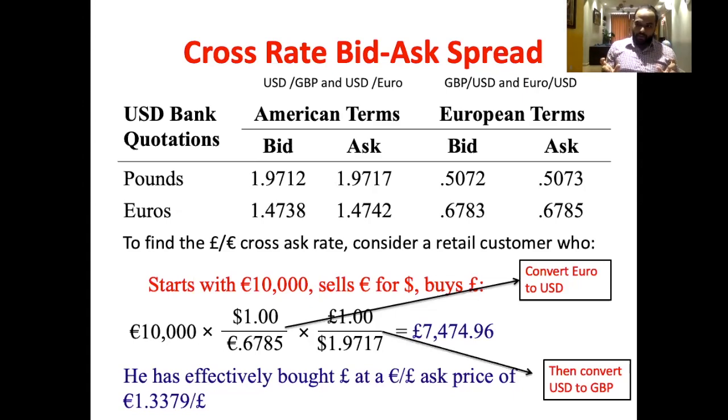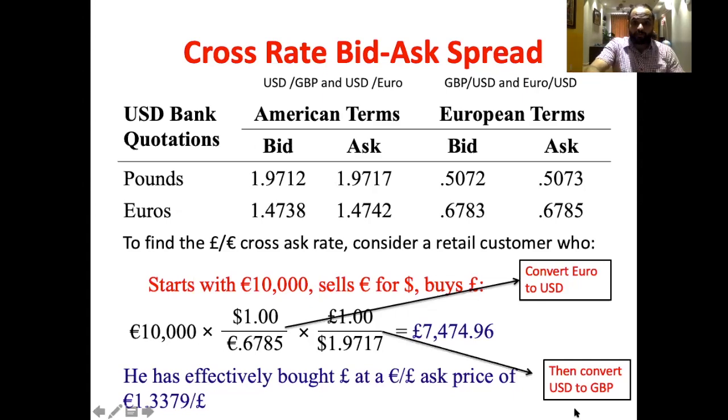So remember, if your position is in Vietnam dong, that will be American terms. Or the opposite, 1 divided by Vietnam dong will be European terms.